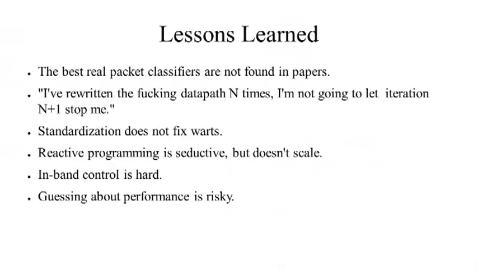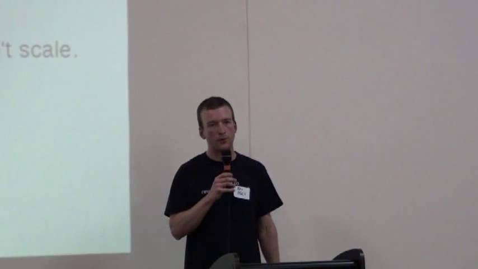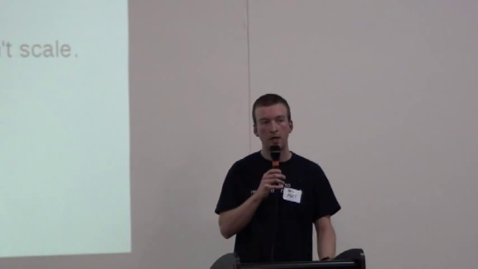Now, OpenFlow flow tables are not simple from many points of view. You can't just throw them in a hash table because all of them might have different sets of wildcards. You also probably can't afford to take the rules from highest priority to lowest and just check each one, because if you have 1 million rules, you'll have to do 1 million checks if, for example, the packet doesn't match any of them.